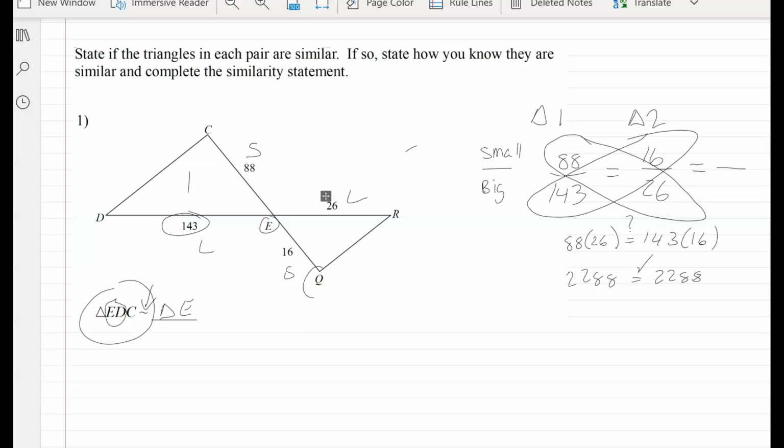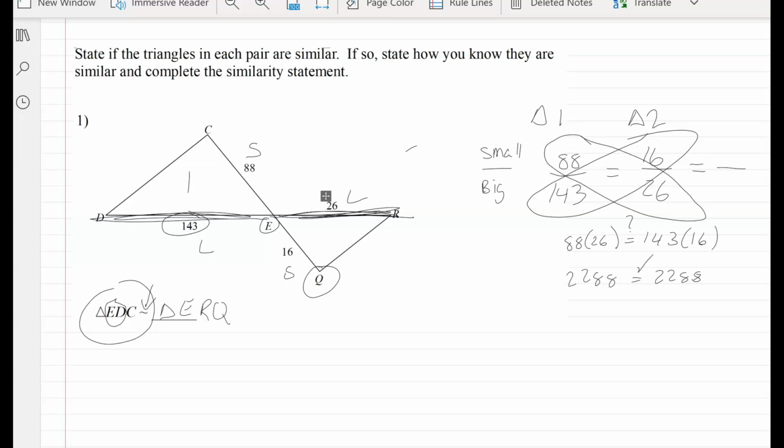I'm going to start at E and go to Q. ED was the larger one, so I want the larger one, 26. So that is EQ. It has to go in the same order. So if it goes ED to the large side, I need to go EQ to the large side. They need to be in order.